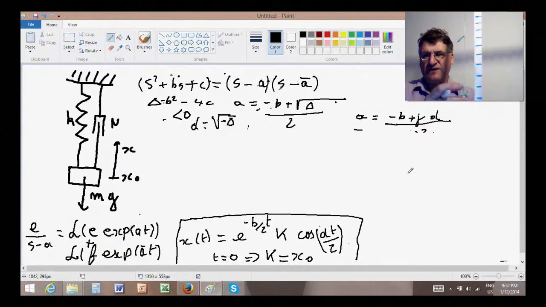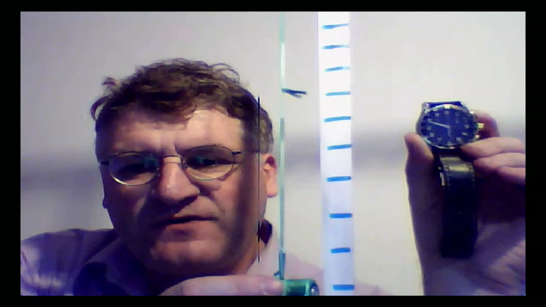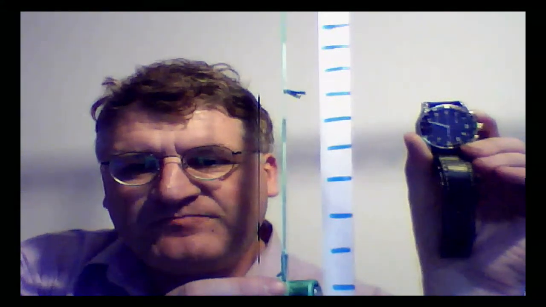Now, if I initialize the system and let go, I can measure the time it takes for the system to oscillate. So we're going to do the experiment of measuring the number of oscillations, and therefore the frequency of our mass spring system.